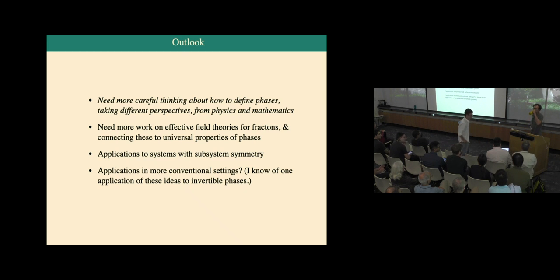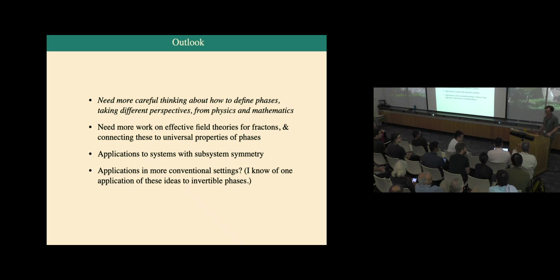So the way you're solving the problem about fractons is that you're giving up a property of the set of phases that I didn't realize I was assuming, which is that if you tensor with something and that's equal to something, then the thing you started with is nothing. Can you say that again?